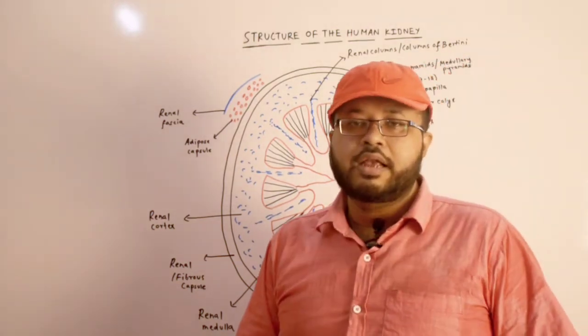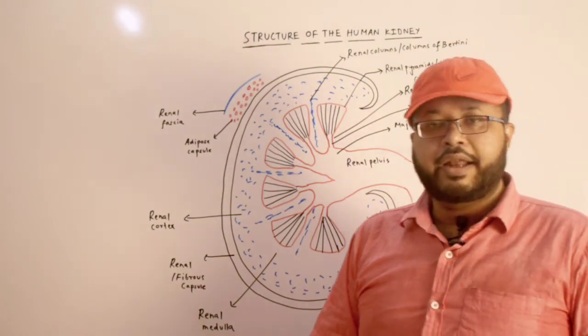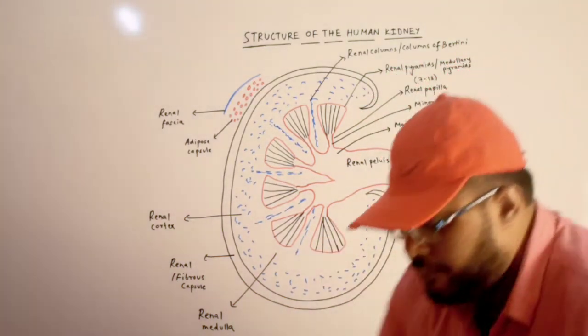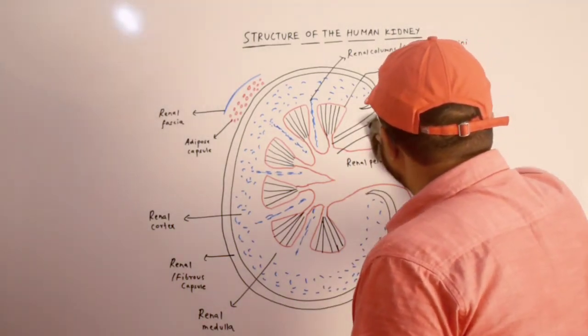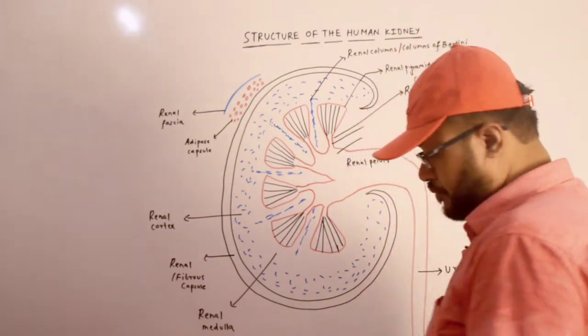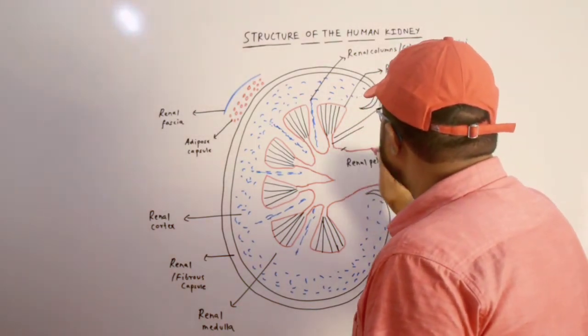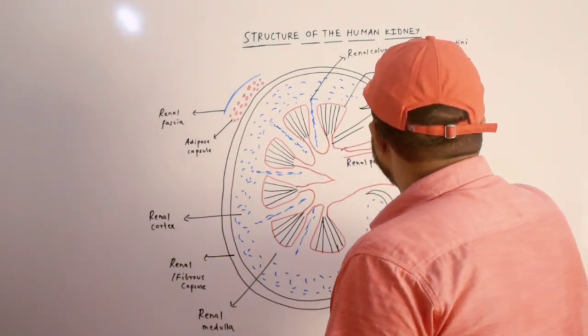Renal artery supplies oxygenated blood to the kidney and renal vein collects deoxygenated blood from the kidney. This is the renal artery.